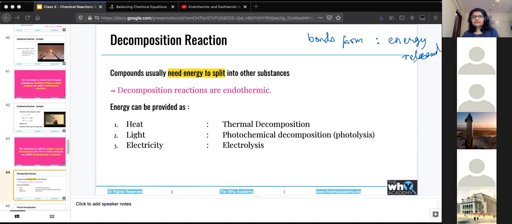That's why in your combustion reaction, between carbon and oxygen, bonds are being formed. So that's an example of an exothermic reaction. A lot of heat and light is released. Magnesium plus oxygen, there's a bond forming between magnesium and oxygen. Energy is released in the form of that flame. So when more bonds are forming between atoms, energy is released.